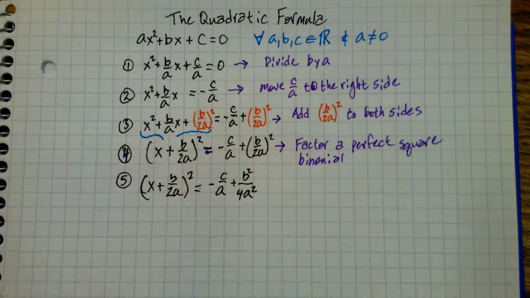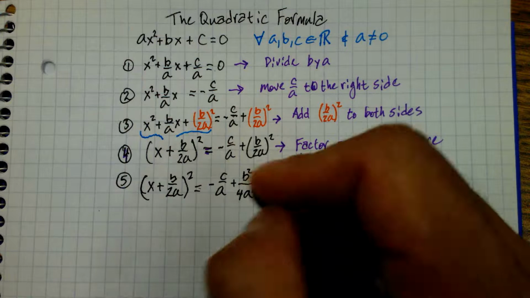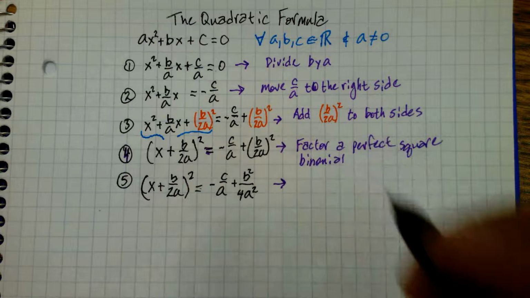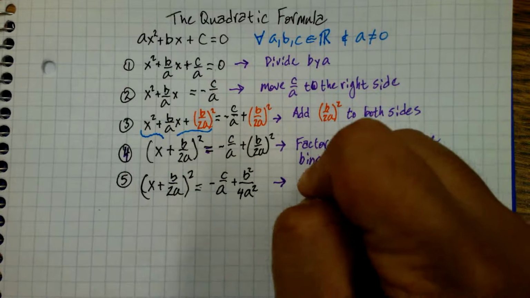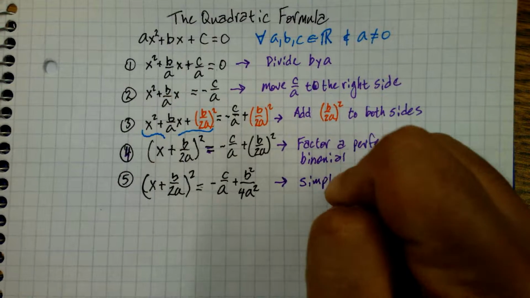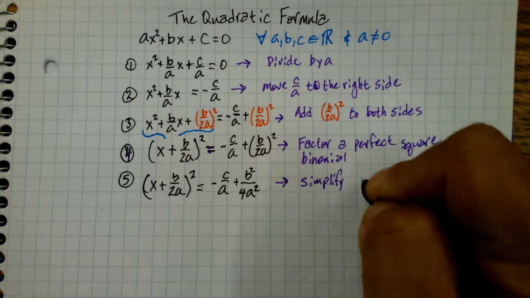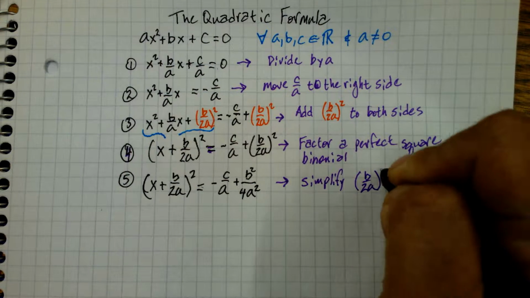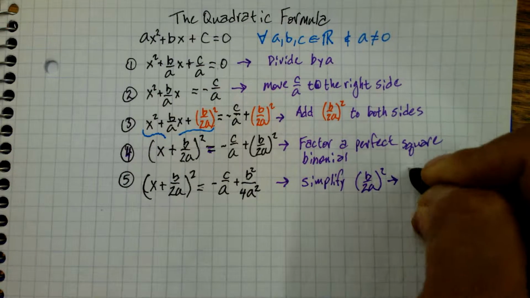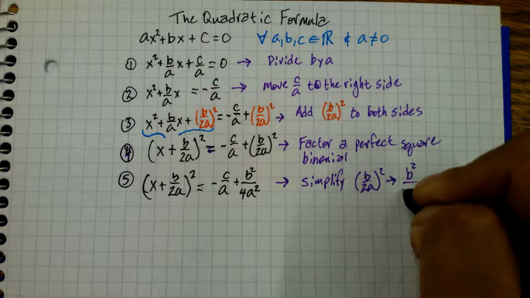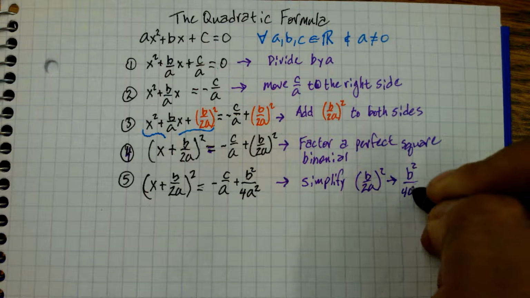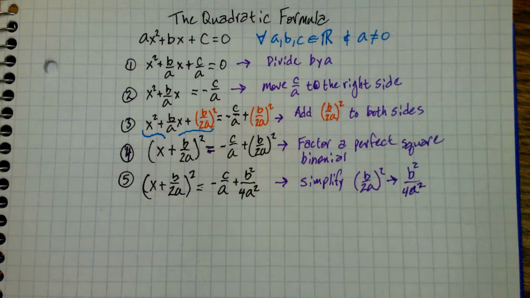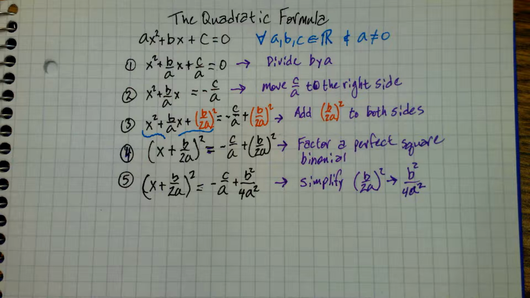We basically squared this, so all we did was simplify b over 2a squared to b squared over 4a squared. Okay, that's all we really did.